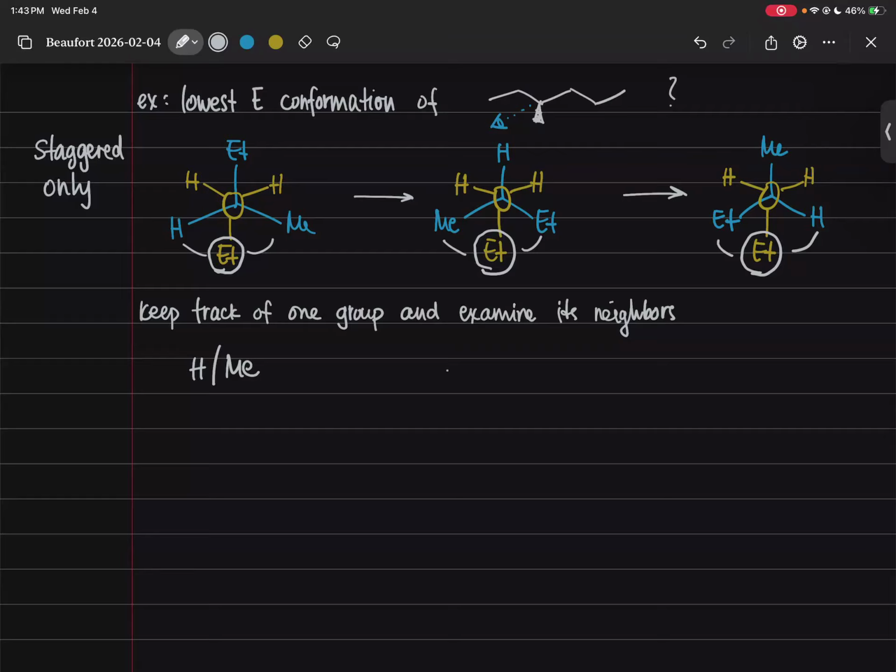So in this case, we have it next to a methyl group and an ethyl group. And then in the last example, an ethyl group and a hydrogen are neighbors. So there's one that we can eliminate pretty quickly.